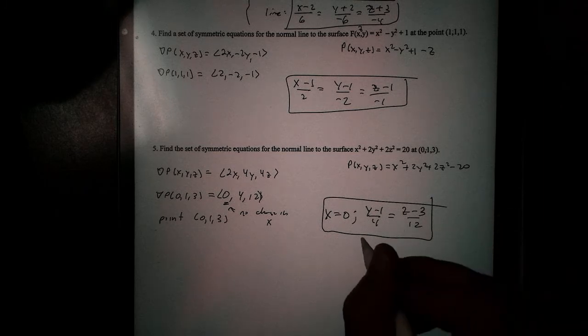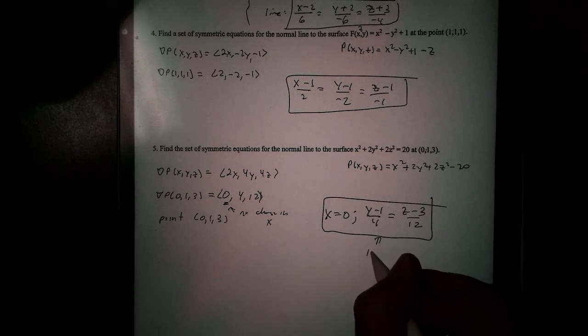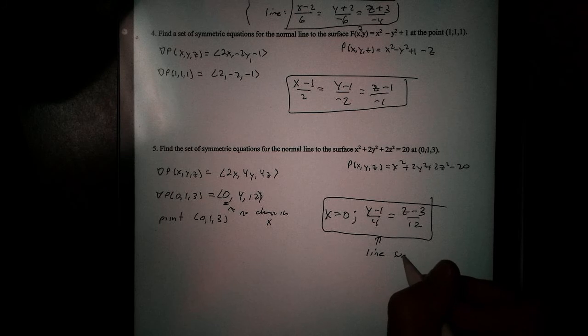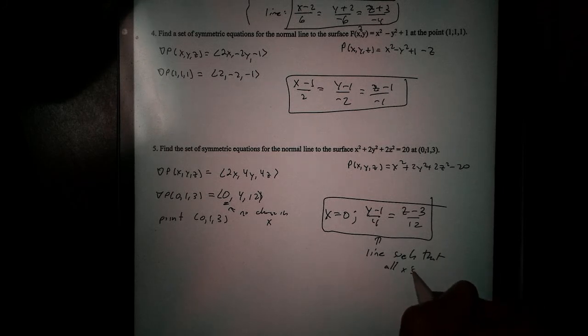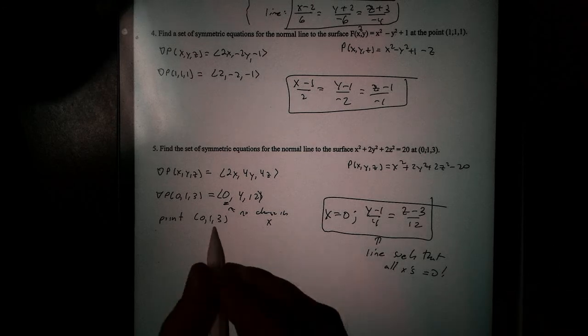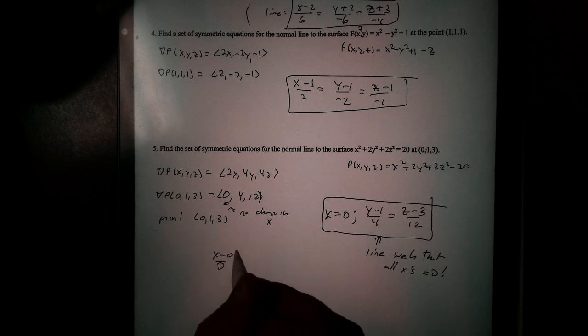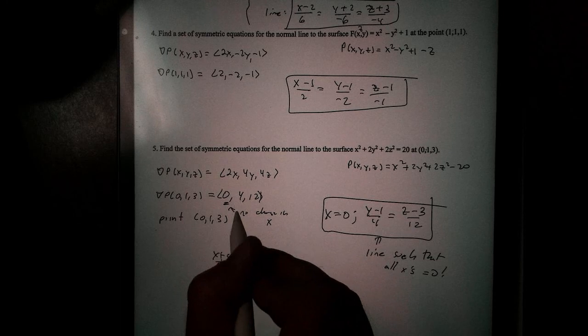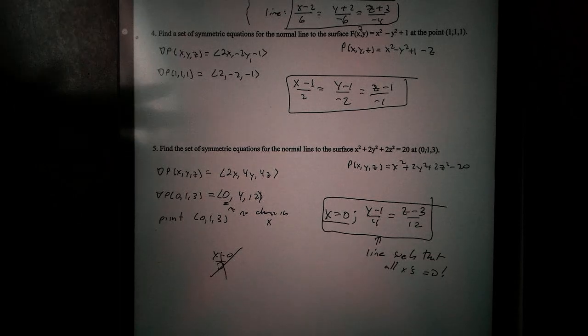Remember what this is saying: this is a line such that all x's equal 0. Don't write x minus 0 over 0. That would be wrong. Since there's no change in x, we can just say x is always going to be equal to 0.